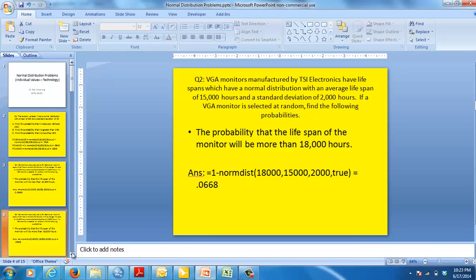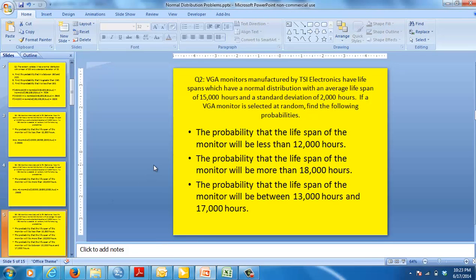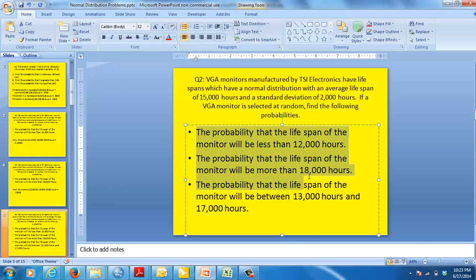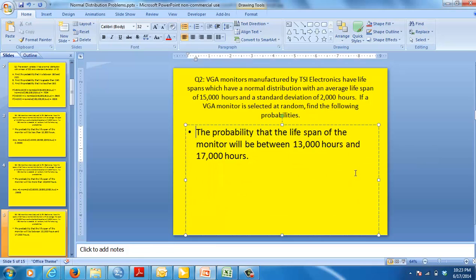The last part of this question was, how about between 13,000 and 17,000 hours? I'll get rid of this. And I'll just do it a little bit different just to show you what you could say. Probability that 13,000 is less than x, which is less than 17,000, equals NORM.DIST, 17,000, because that's the bigger number, 15,000, 2,000, true.